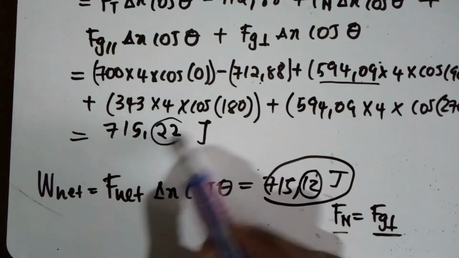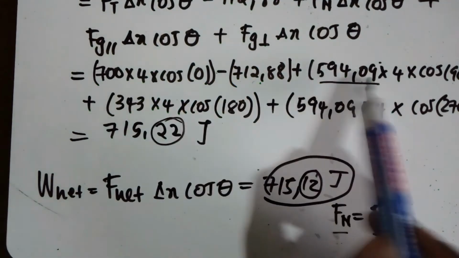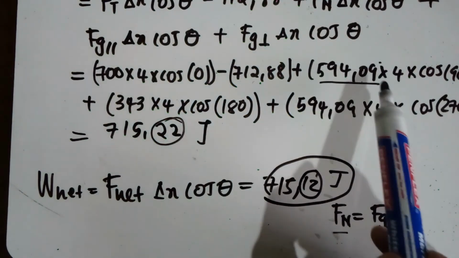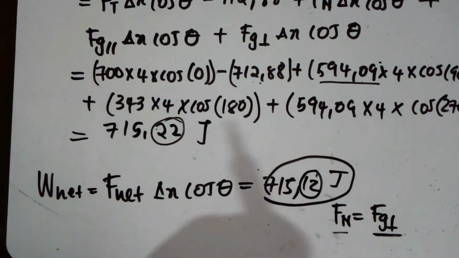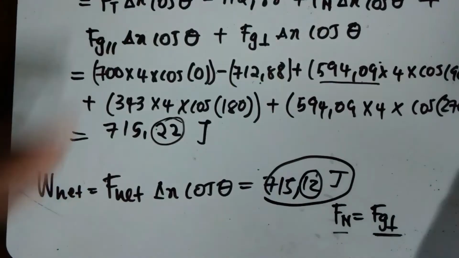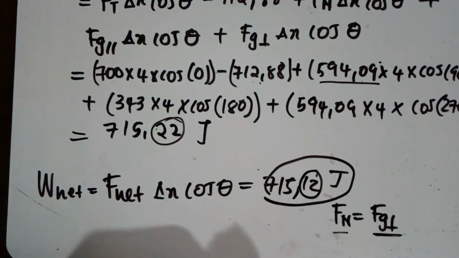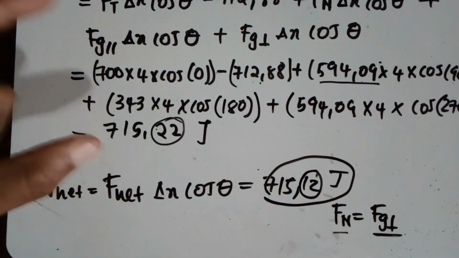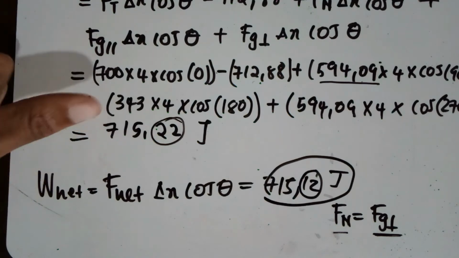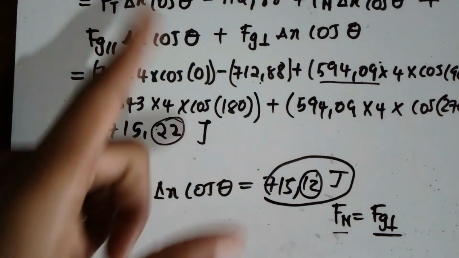This difference in the decimal numbers is because we rounded off earlier. So if we had not rounded off, these values would be the same, but you can see that they are more or less the same. That means we can use either method to calculate the total net work done in that system.